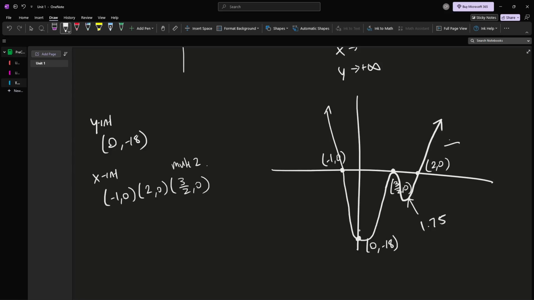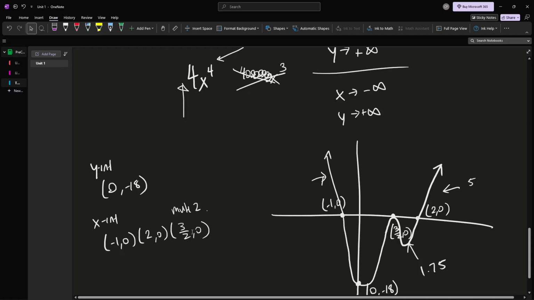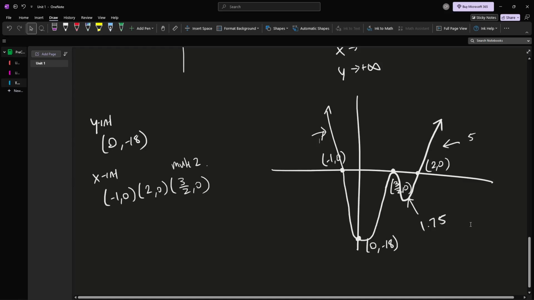You could plug in 5 into my function, and you should get a positive value. You should plug in like -20, and you should get a positive value. Those are nice ways to check whether my graph is correct, like, do I need to bounce here or not? You can either check it by looking at multiplicity, or by looking at your signs, plugging in values and seeing what you get.